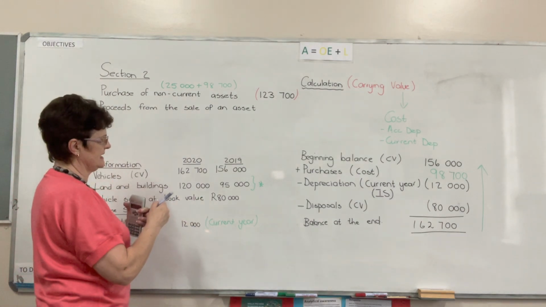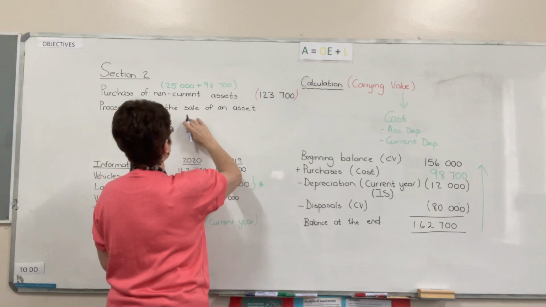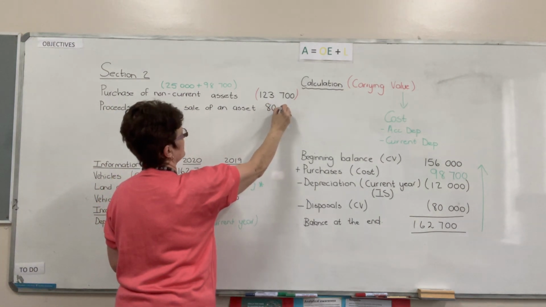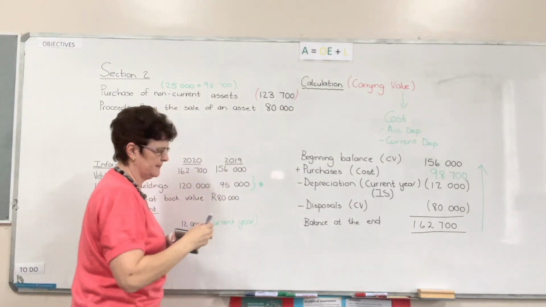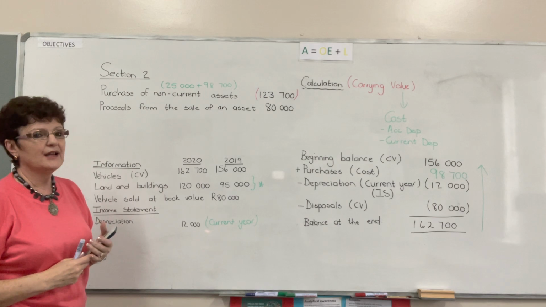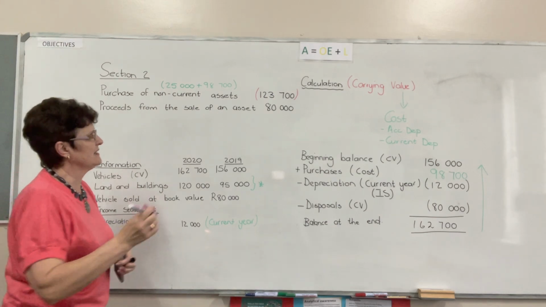The book value is 80,000. We have sold it at 80,000 rand. The book value was 80,000 rand. So that is my investing activities.